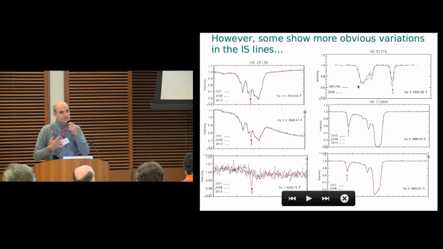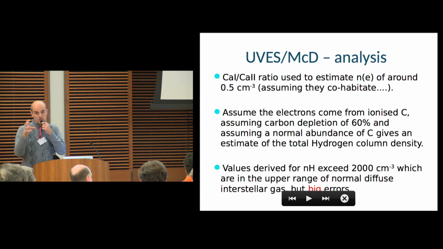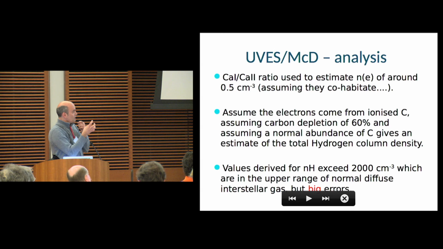So the analysis, all we did was something very simple. We used a Ca I to Ca II ratio to get an idea of the electron density. Now, obviously, that is a very dodgy thing because typically the calcium 2 tends to be more spread out, and the calcium 1 looks at the more dense gas.